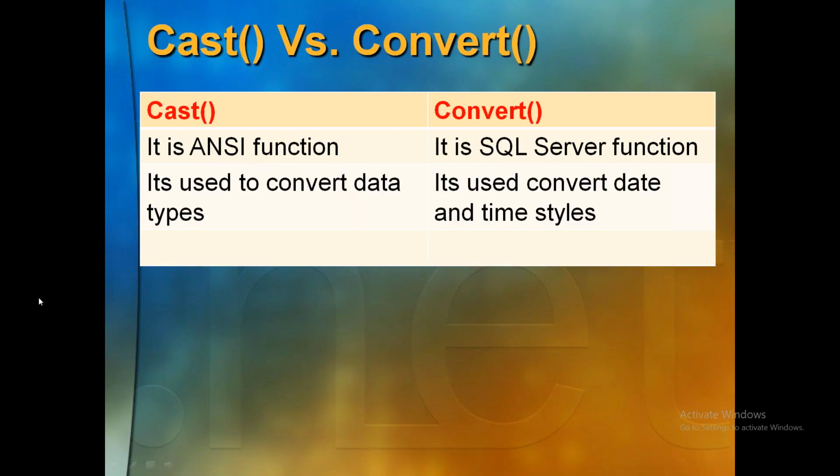So cast is available in all RDBMS software: SQL Server, Oracle, MySQL, Teradata, PostgreSQL, wherever you're using RDBMS software, you can see cast. But convert is not like that. It may not be guaranteed in Oracle, it may not be there in MySQL, or Netezza, DB2 databases.